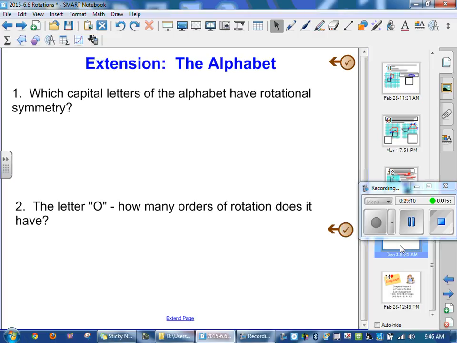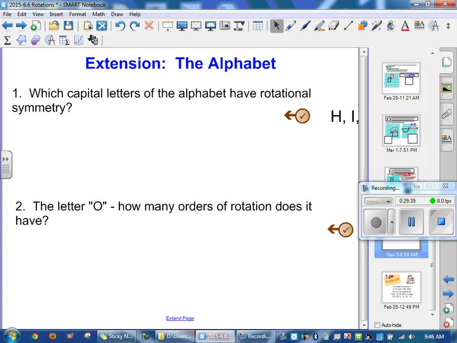So if we think of the alphabet, what letter comes to mind first? H. Because you can rotate H 180 and it'll end up on top of itself. H rotates 180. What else? I. You can go 180. Does J work? No. Does K work? No. N works.